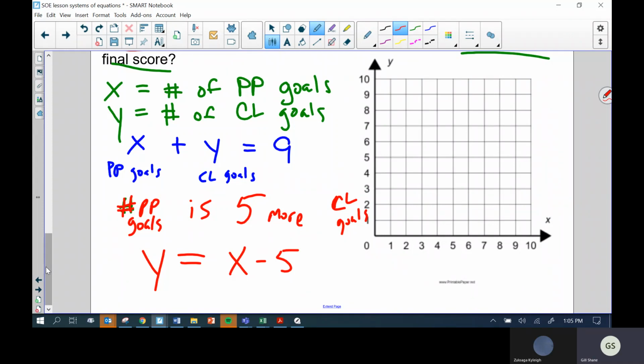Again, that's just on what I create. We would have said 5 less than Pinellas Park, but you have to flip that. Otherwise you'd still get the number part correct, but you'd get a negative number, and we can't have a negative number of goals. That wouldn't work. So just flip it around, basically.